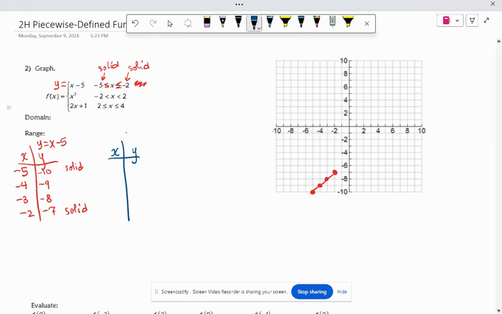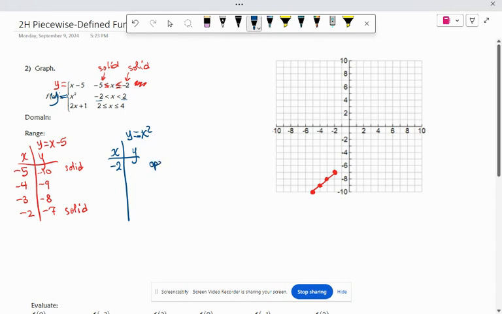the next piece, which is y equals x squared. Remember, f of x is really the same as y. So I could have just turned this into y. And so for this one, I'm going -2 to +2.